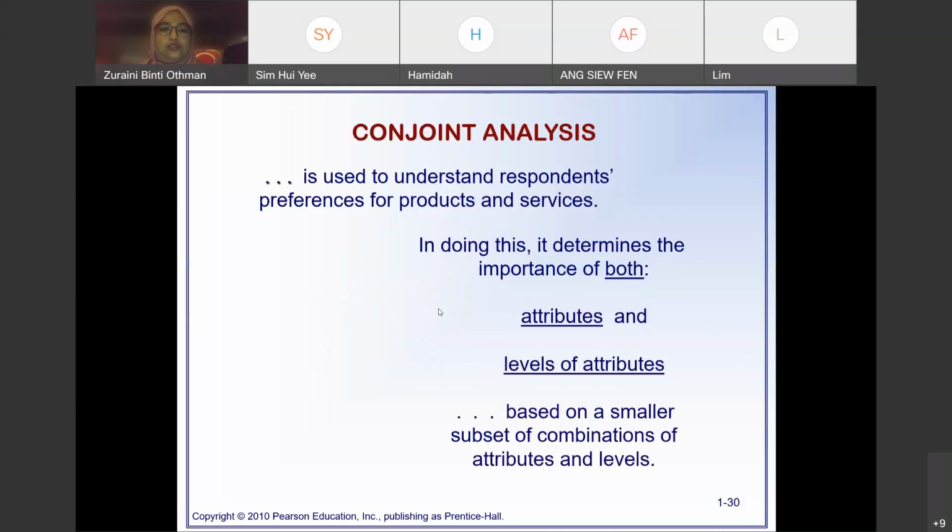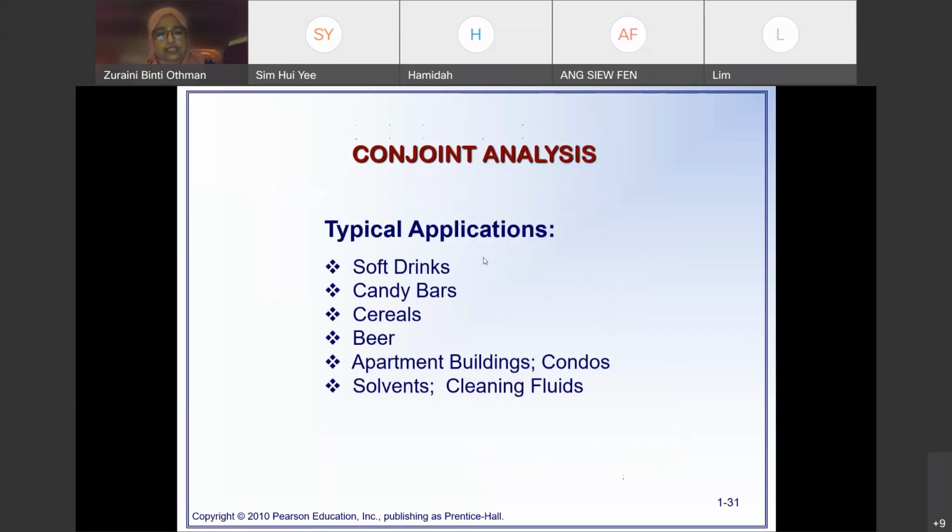And conjoint analysis is used to understand respondent preference for products and services. In doing this, it determines the importance of both attributes and levels, based on smaller subsets of combinations of attribute levels.